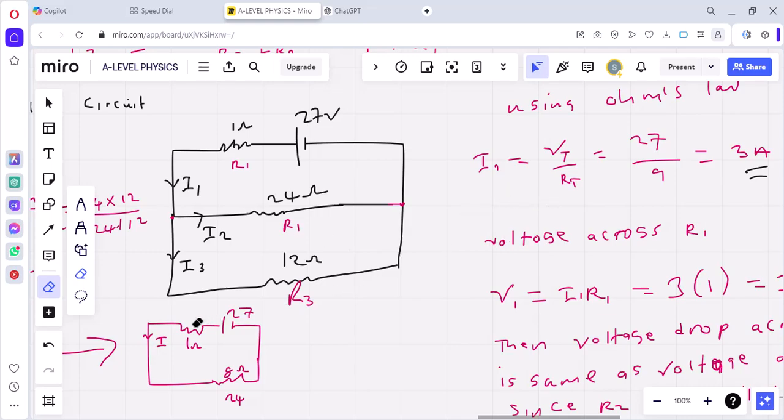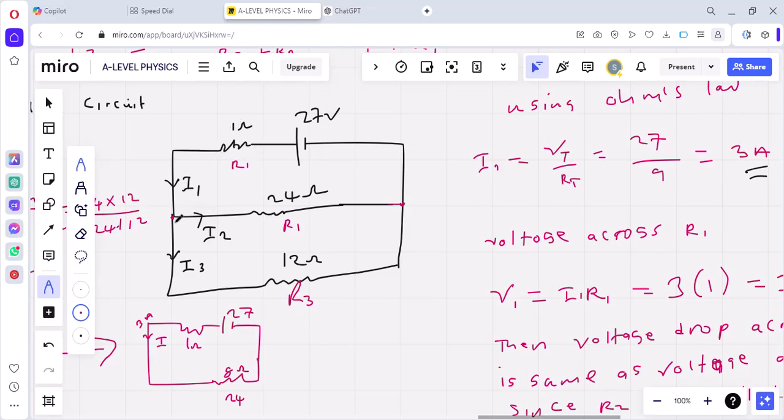If you want to know the voltage across resistor 1, that will be current 1 times resistor 1. So the total current here, we've said this will be 3 amps. That is the total current, and that total current is the current that is passing through resistor 1.